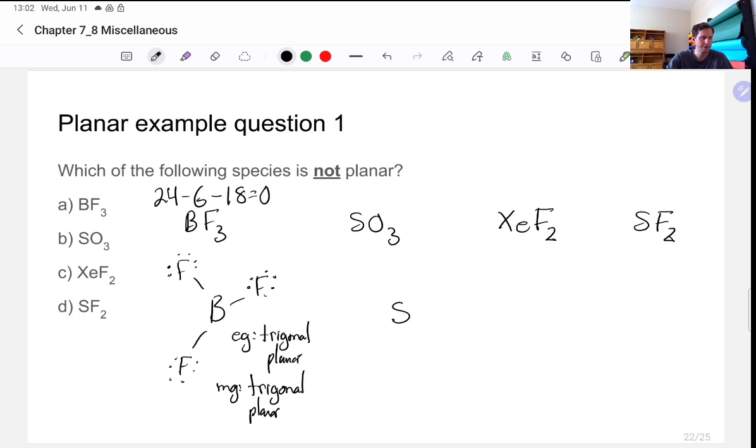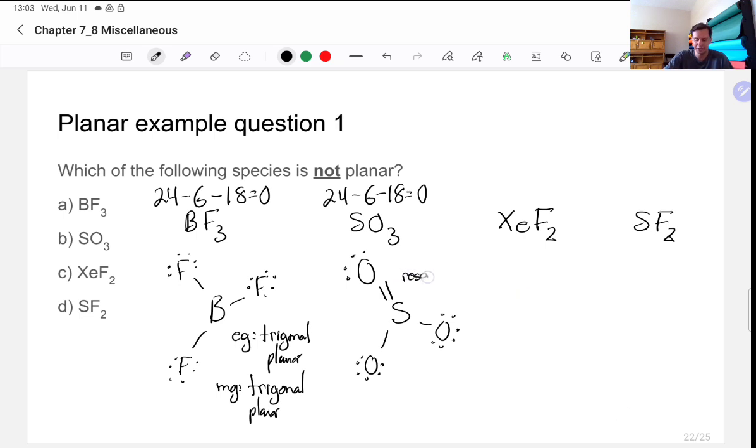We have SO3 that has 24 electrons, minus 6 from my single bonds, and then I'll put the lone pairs on those outer atoms. So that's minus 18. So now I have 0 remaining. Notice this would be an example of resonance structure because the S does not have 8 electrons yet, so one of those lone pairs can be removed, but it could be from any oxygen.